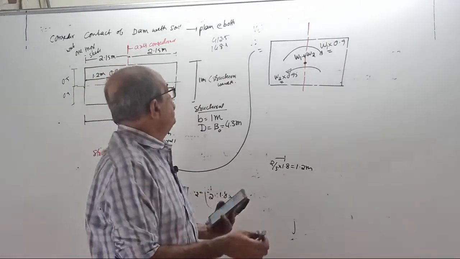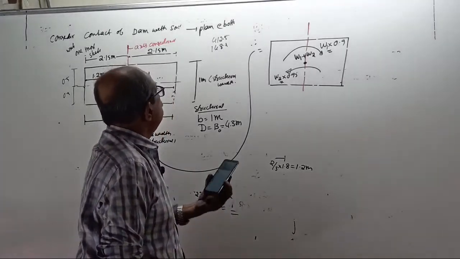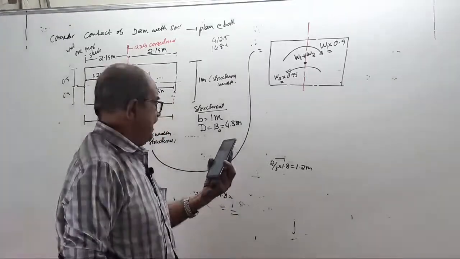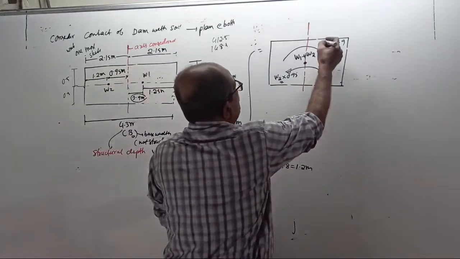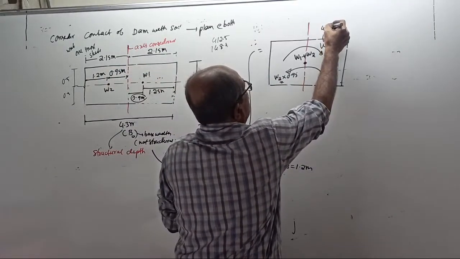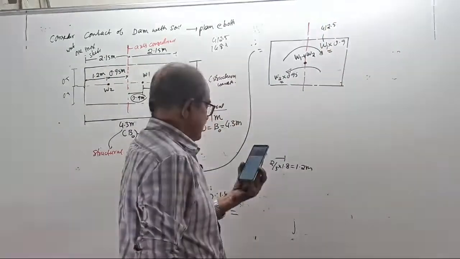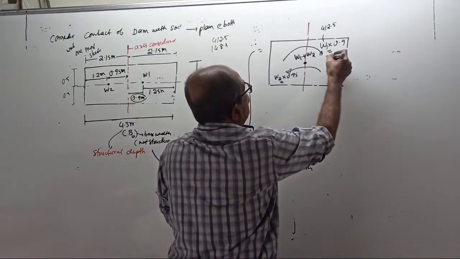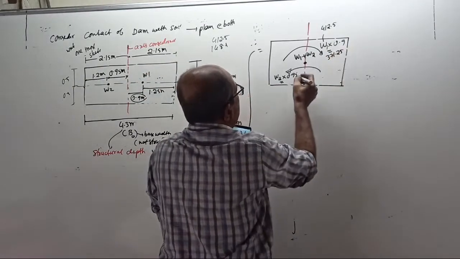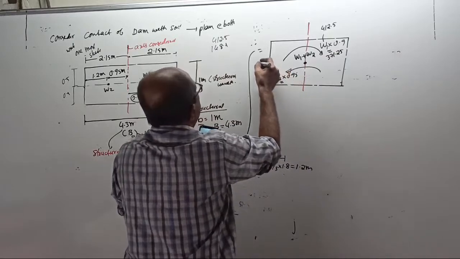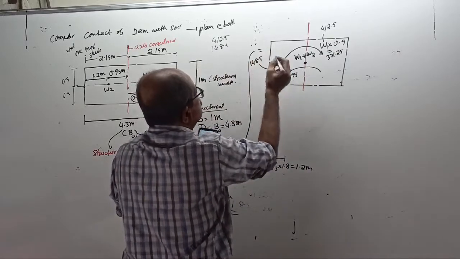Answer. W1, how much did you tell? W1 is 412.5 into 0.9. What is the answer? 371.25. And W2 is 148.5.